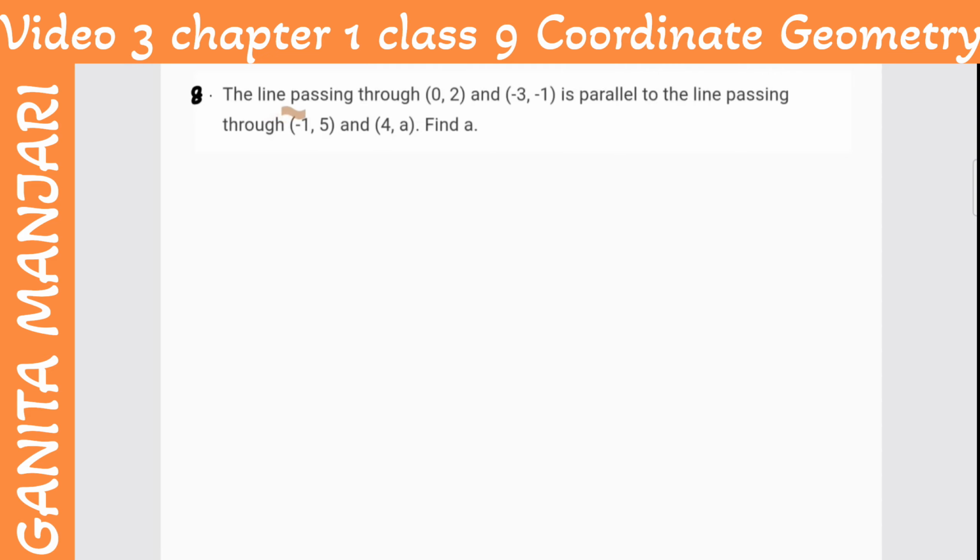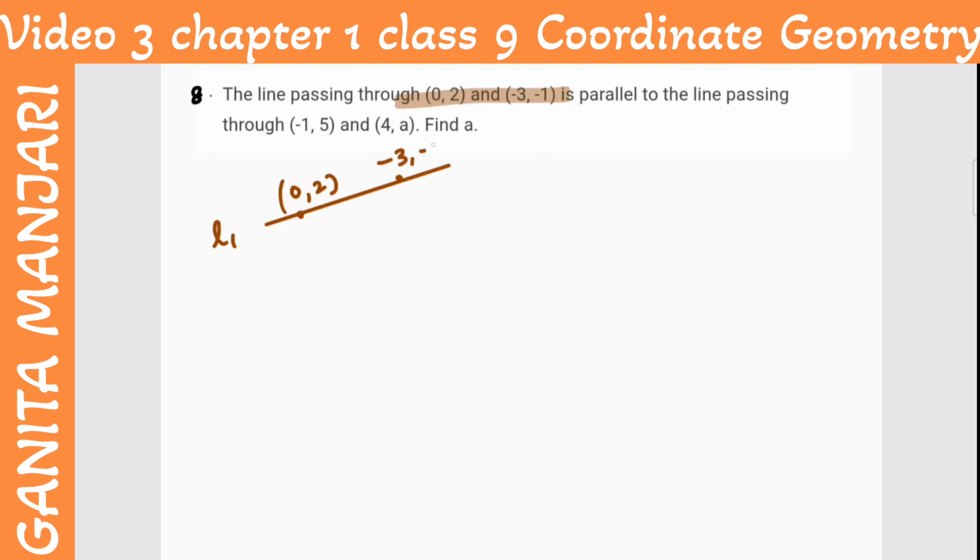Now the 8th question: the line passing through these 2 points 0, 2 and -3, -1 is parallel to the line passing through -1, 5 and 4, a. So here in this case, one line, that is L1, passes through 0, 2 and -3, -1.